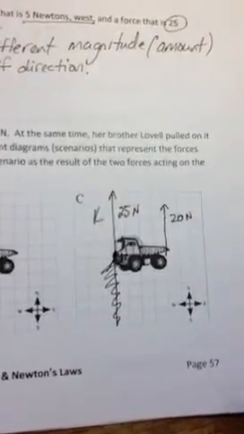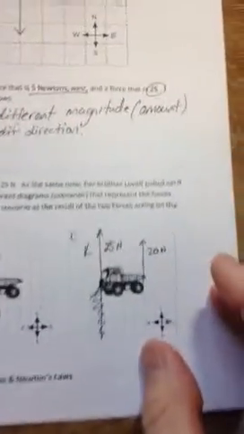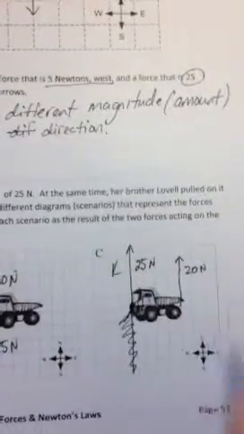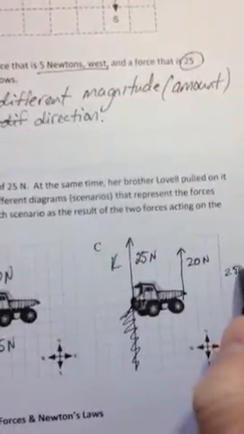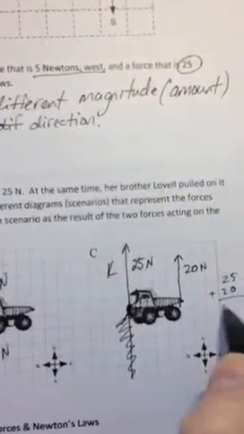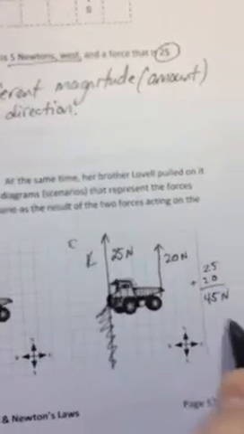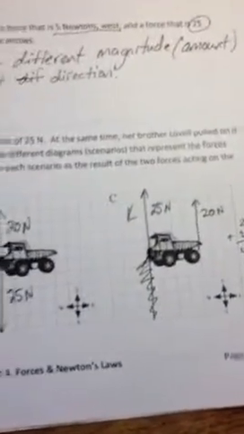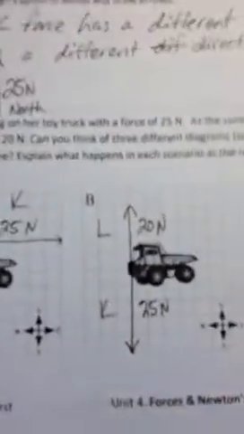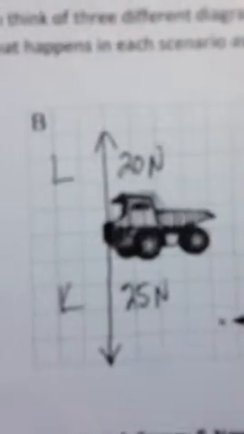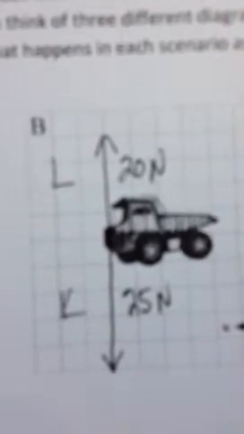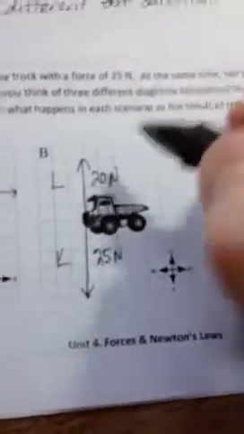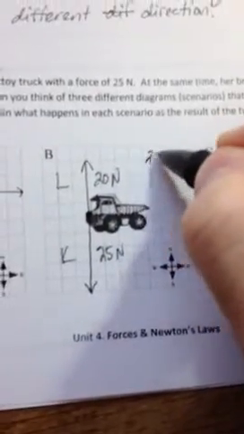And for the sake of net force, since these arrows are both pointing in the same direction, the net force on the truck would be 45 newtons to the north. We add those. In this example, since they're applying a force in opposite directions, you'd subtract them.